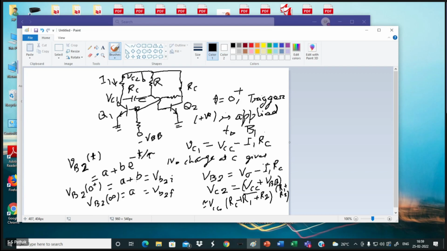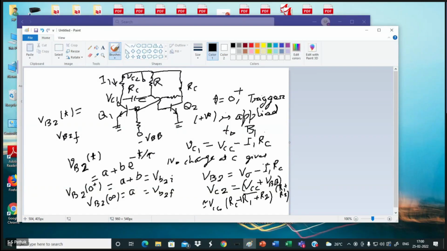Okay, so I can write the voltage coming at my base of the second transistor changing with time in this form. I can write here for the sake of continuity, I'm writing because I already have done that, I'm repeating the same again. VB2 as a function of time is nothing but, here I can say A, that is VB2F, that is my A. Okay, then I want to find my B. So this minus this.